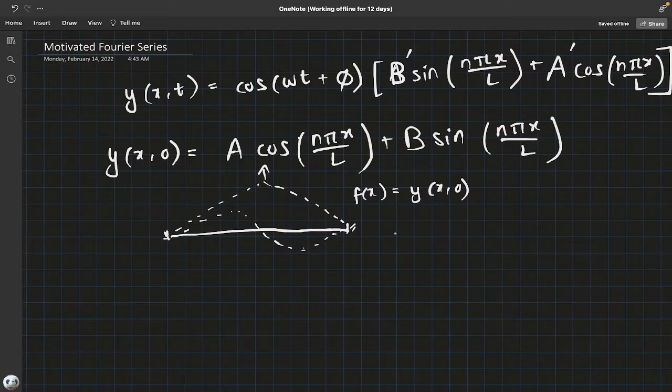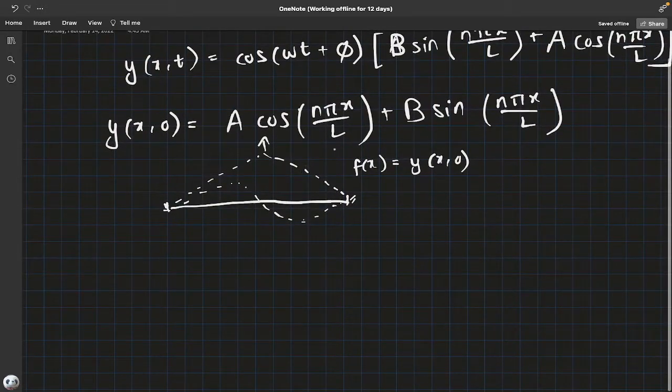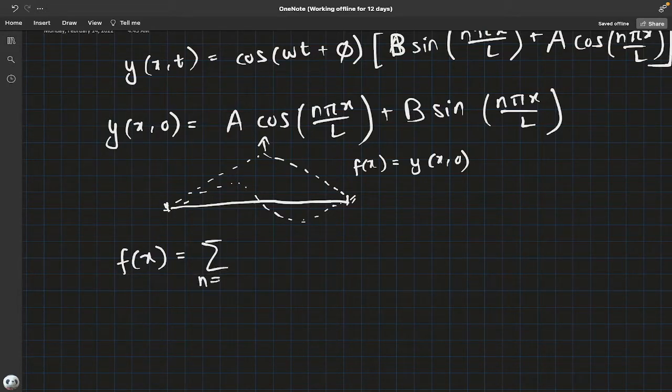But if we have something like this that doesn't remotely look like a sine or cosine, then our problem just translates to finding, we know what f of x is, right? I mean, you can define a piecewise function that's increasing in this segment from 0 to say x naught, and then decreasing from x naught to L. But the challenge is actually representing this function as a linear combination of sines and cosines.